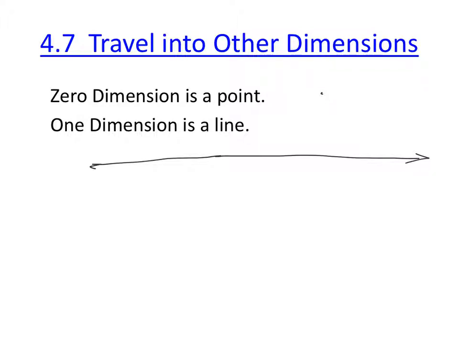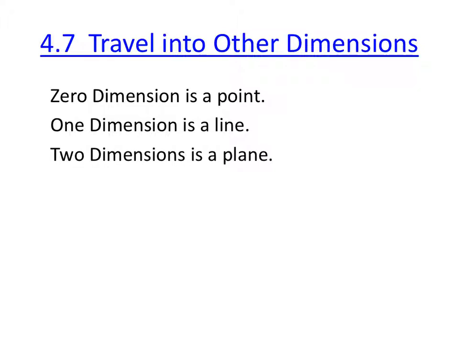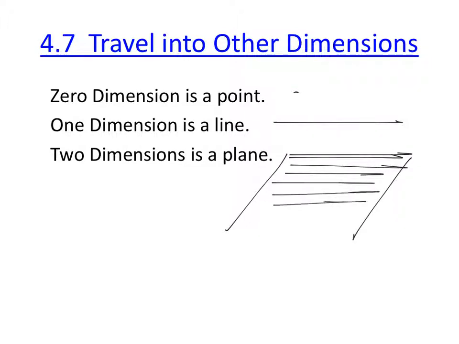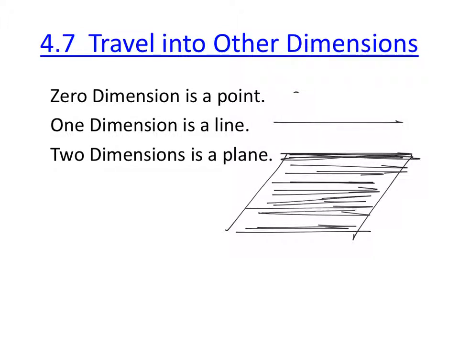Now if we take that line and drag it, we get a plane. So imagine I'm taking that line and I'm dragging it up and down. Now I had length from 1 dimension. Now I've created this second dimension called width, let's say. All right, so 2 dimensions.